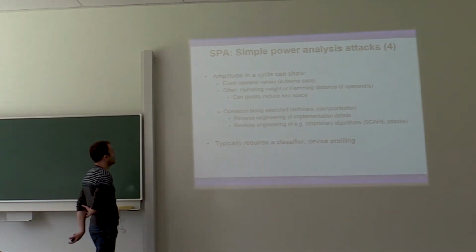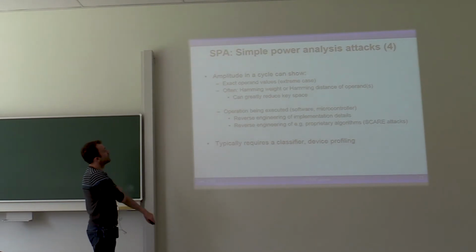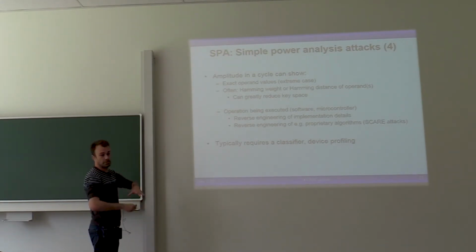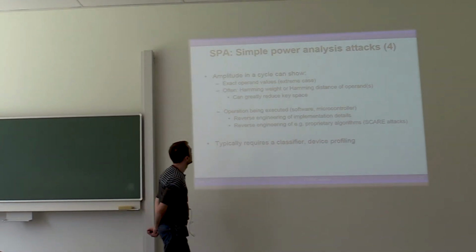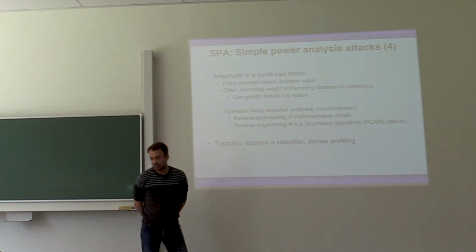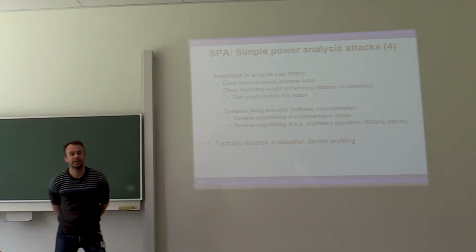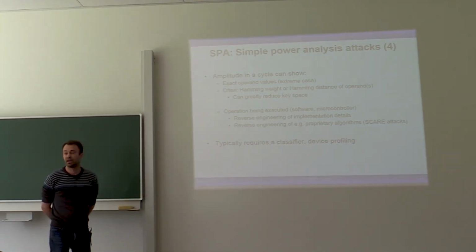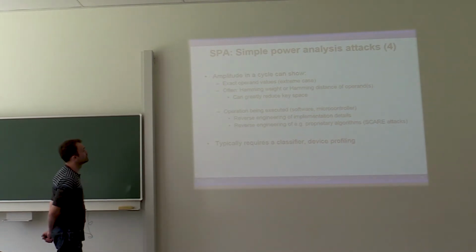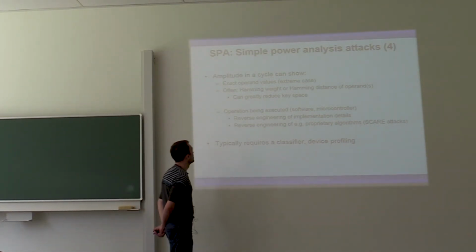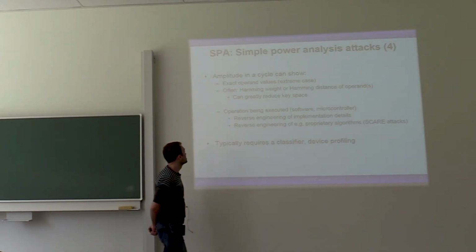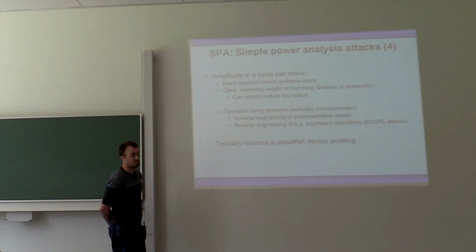So that was my example for patterns. Amplitude. If we can observe the amplitude of the power consumption in a certain clock cycle, in very, very extreme cases, you may be able to deduce immediately the exact value of operands. Okay, so this is of course devastating. Much more realistic is to say we may be able to deduce, for example, the Hamming weight of some operand.